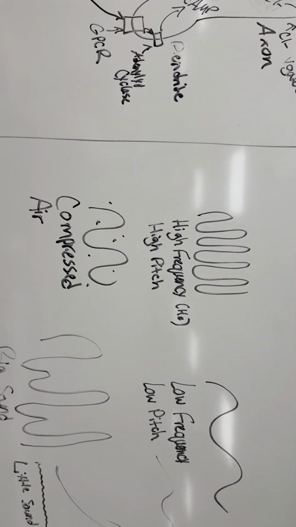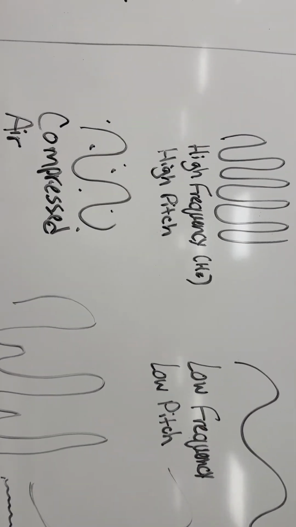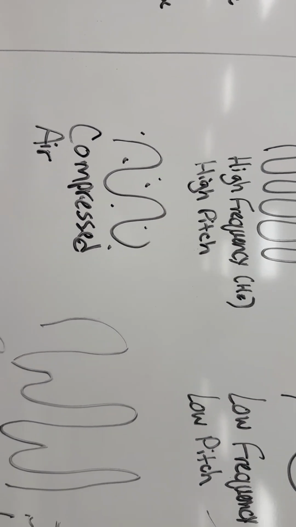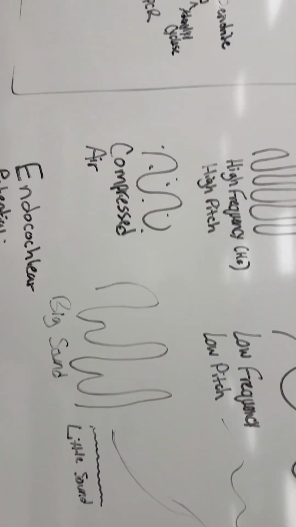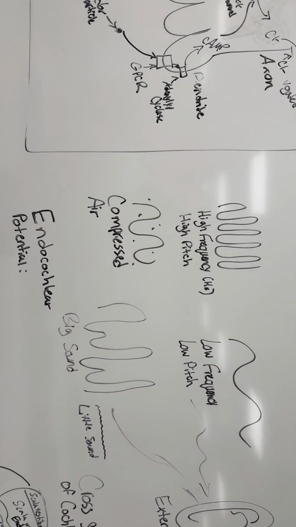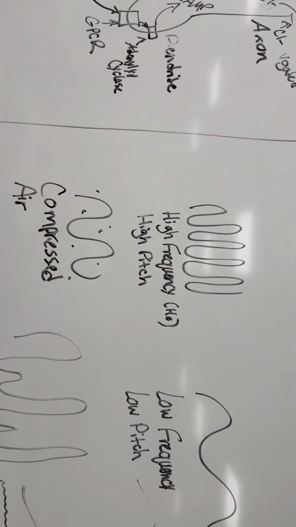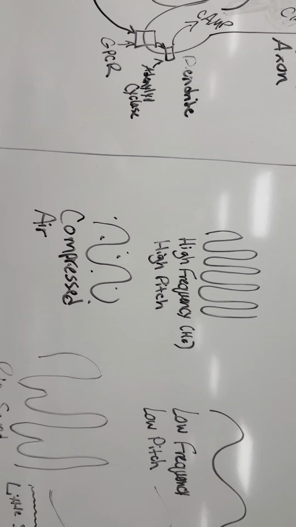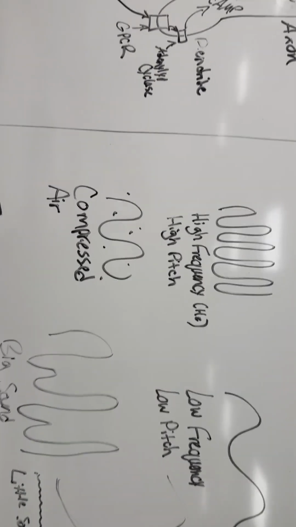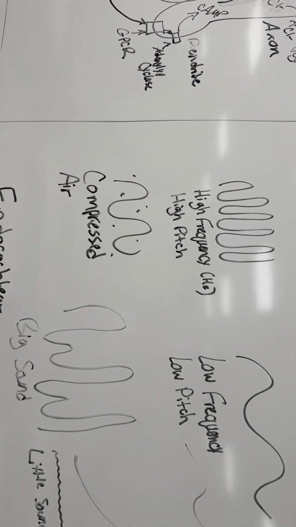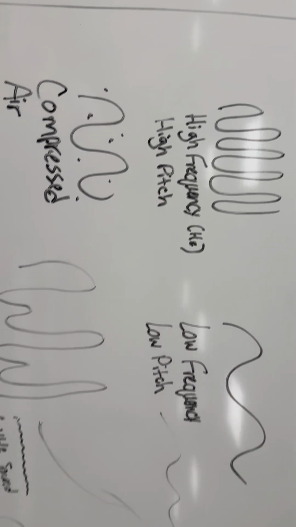And the wavelength is determined by how many peaks of amplitude you have in 1 second that pass a certain point. So if we have a lot of these amplitudes, we have a high frequency wavelength, which is measured in hertz, which will be perceived as a high-pitched sound.